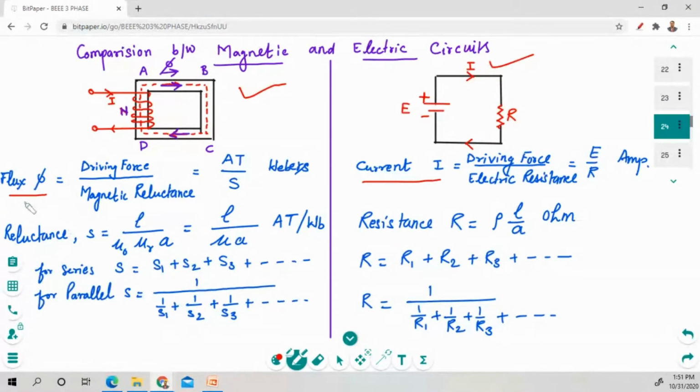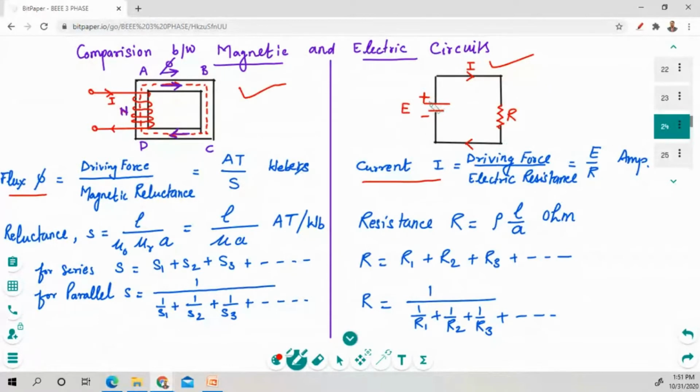So if you want to find this flux, you can find it with the help of driving force divided by magnetic reluctance. Okay. So you can find this using ampere turns divided by S. This is the reluctance. We have discussed all these terms in the previous sessions, and we can find the current in an electrical circuit using driving force.